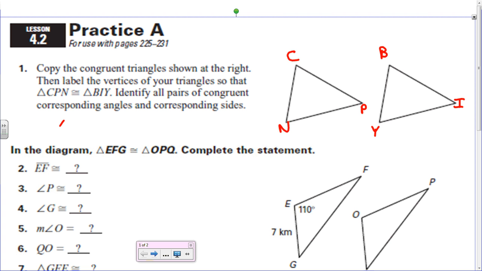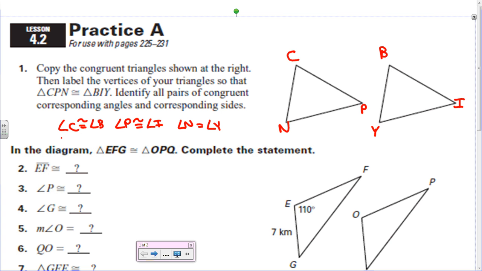So now we can say angle C is congruent to angle B, angle P is congruent to angle I, and angle N is congruent to angle Y. And we also have to do the sides.